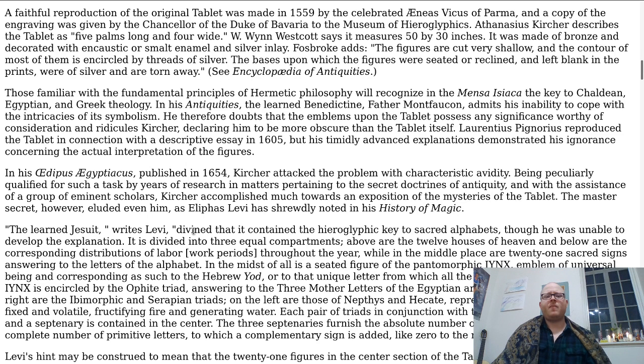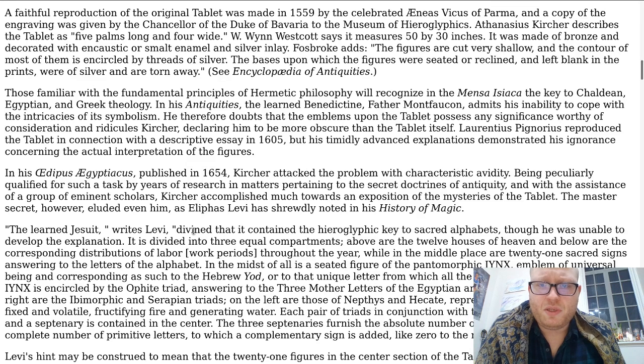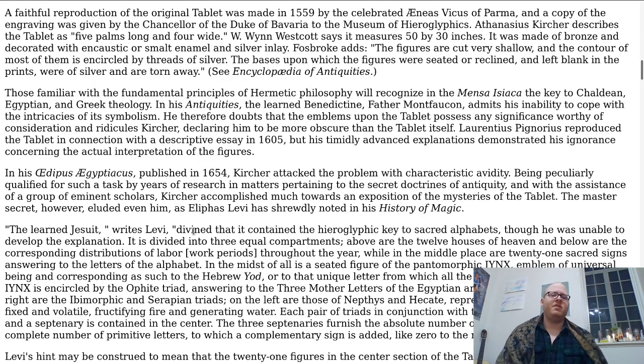He therefore doubts that the emblems upon the tablet possess any significance worthy of consideration, and ridicules Kircher, declaring him to be more obscure than the tablet itself. Laurentius Pignorius reproduced the tablet in connection with a descriptive essay in 1605, but his timidly advanced explanations demonstrated his ignorance concerning the actual interpretation of the figures.